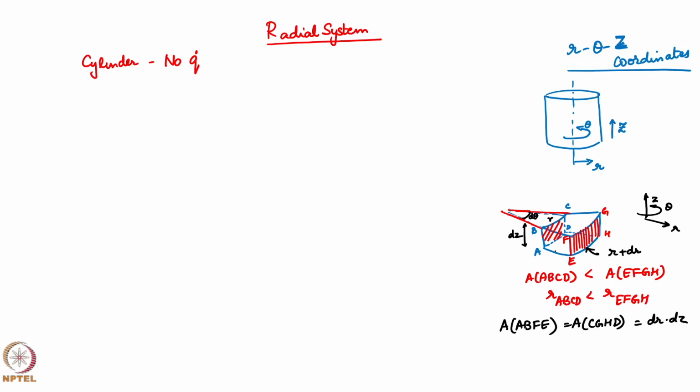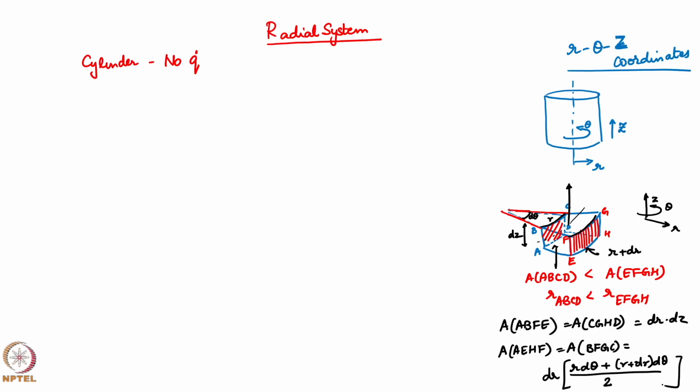Then similarly, you would have heat transfer from the bottom to the top. So, you will write area A, E, H, F is equal to area B, F, G, C, which is nothing but r d theta plus (r plus dr) d theta, divided by 2, times dr. This is this arc length plus this arc length by 2, so we are taking an average, and you neglect the higher order terms.